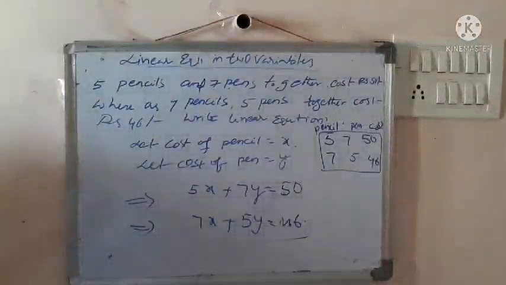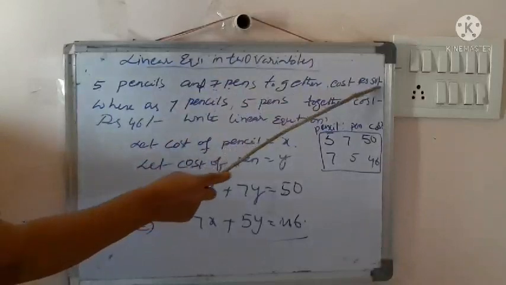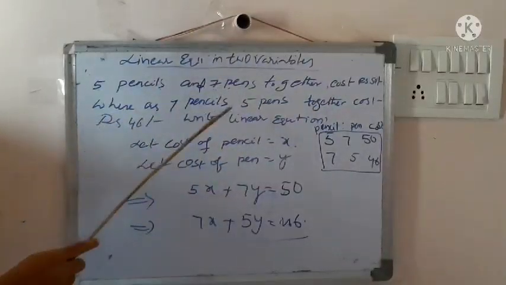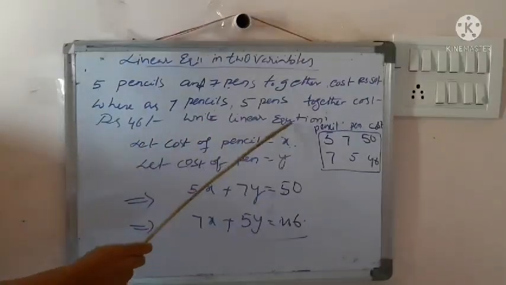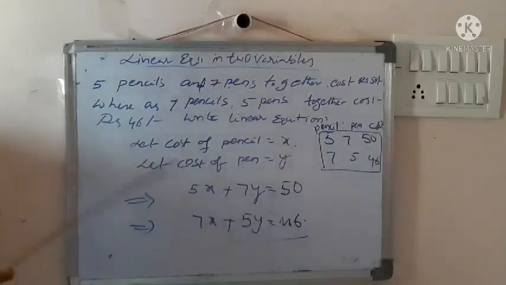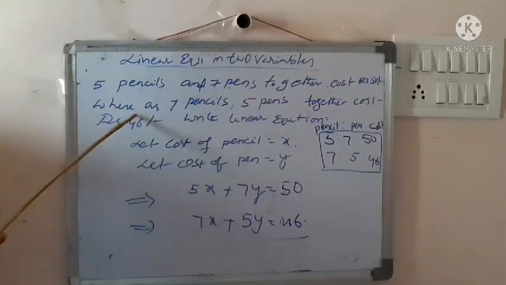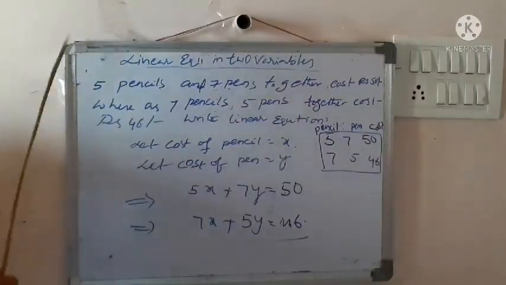And one more example. 5 pencils and 7 pens together cost 50 rupees, whereas 7 pencils, 5 pens together cost 46 rupees. Write the linear equations. How can we write the given problem in the form of linear equations? See this.